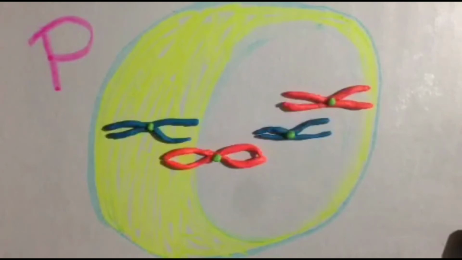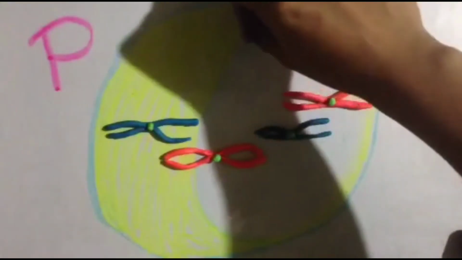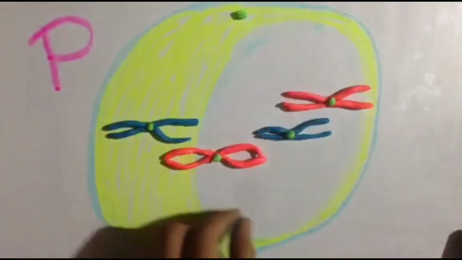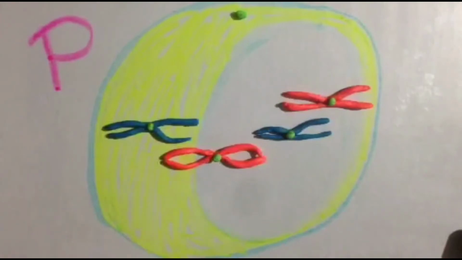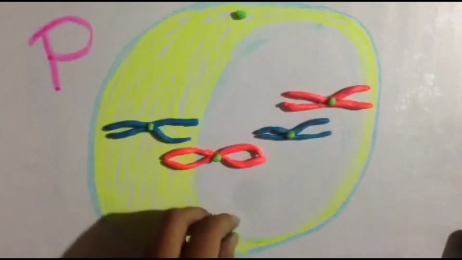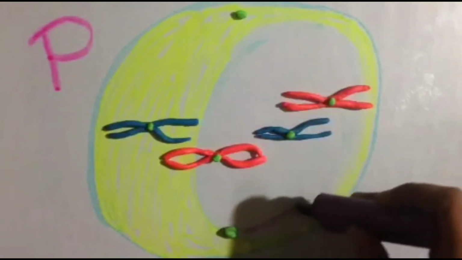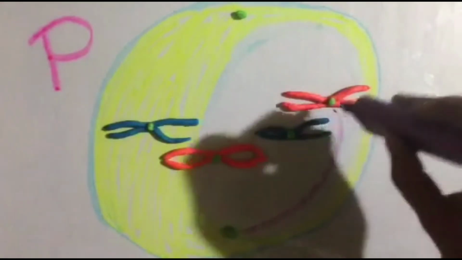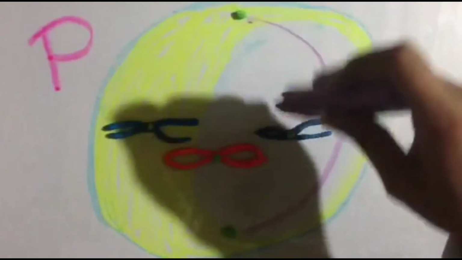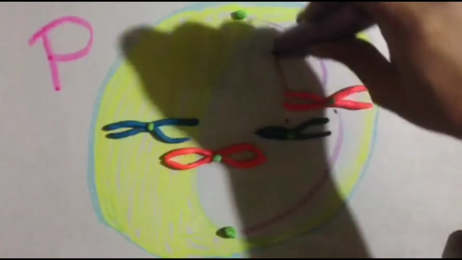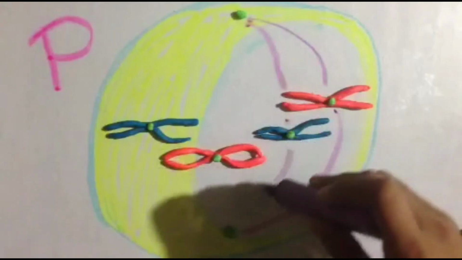So next comes metaphase. During this phase, the sister chromatids align at the equator or the center of the cell. So both chromatids face the opposite ends of the cell.